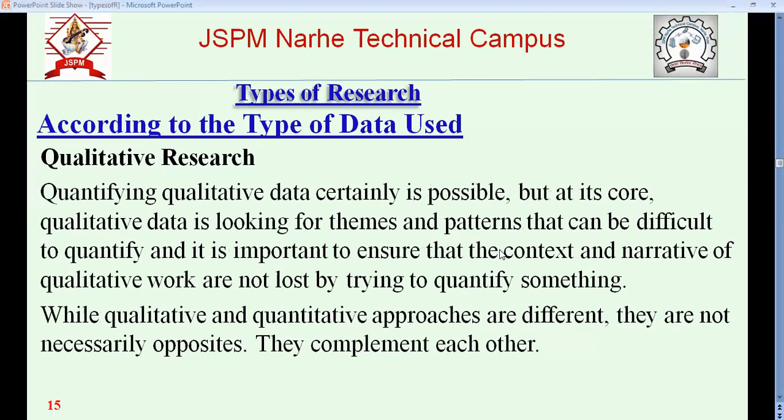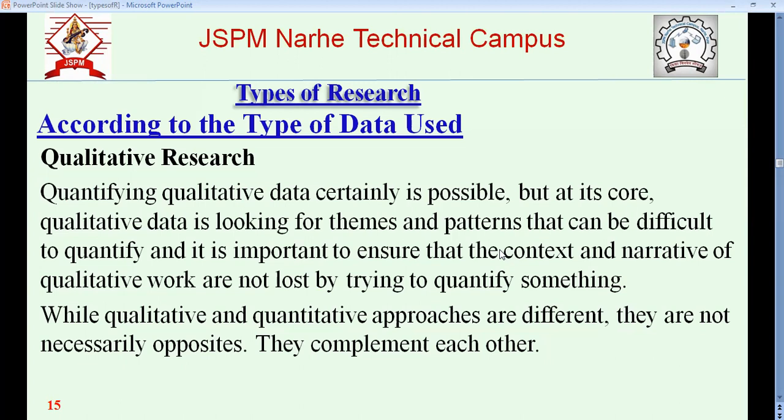As I mentioned earlier, yes, we can quantify anything. I just gave you the hint. If you make the answers in option form, multiple choice, there they can answer yes, no, can't say, can't explain, like that. Okay, so we can quantify. To some extent, less extent, like that.